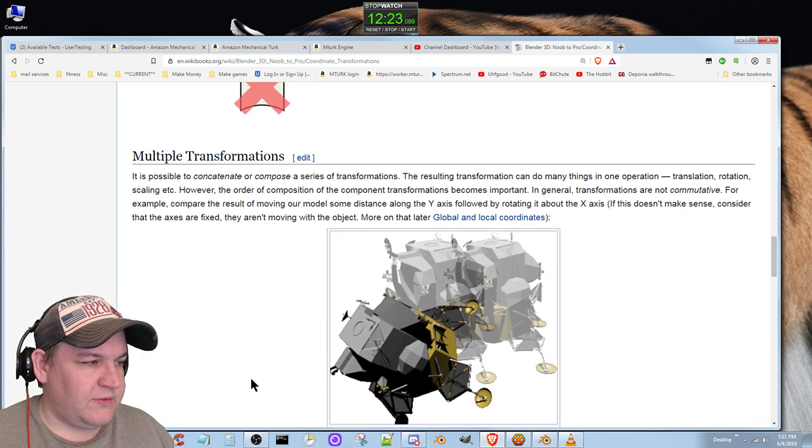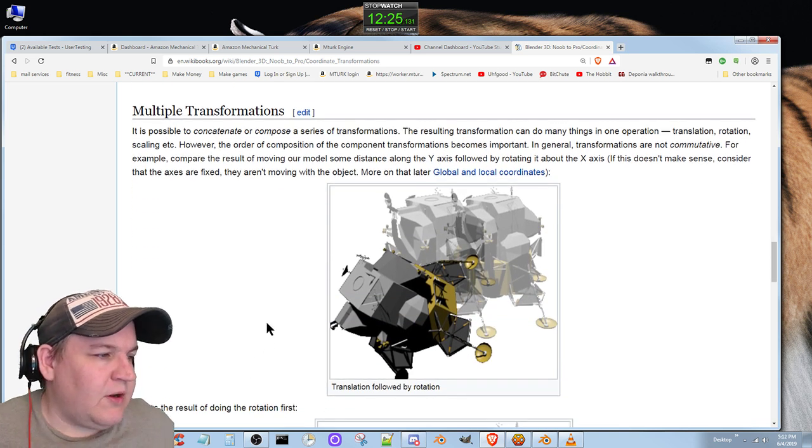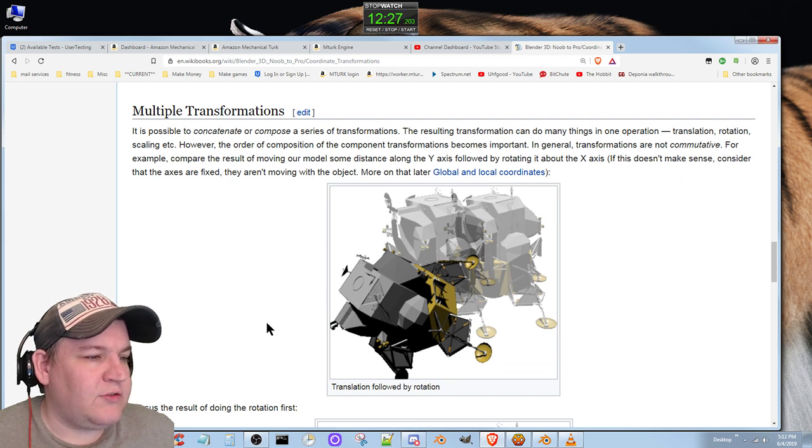Multiple transformations. It's possible to concatenate or compose a series of transformations. The resulting transformation can do many things in one operation: translation, rotation, scaling, etc. However, the order and composition of the component transformations becomes important. In general, transformations are not commutative. For example, compare the result of moving our model some distance along the y-axis followed by rotating about the x-axis.